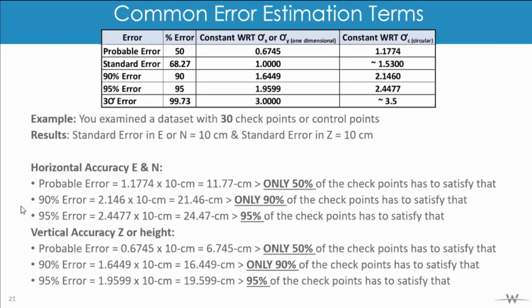If I say 90%, it will be 21.4. If I represent it at the 95 confidence level, it will be 24.47. So you see these numbers 11, 21, and 24 centimeters, they are all the same accuracy. The same accuracy measure just expressed at a different confidence level.